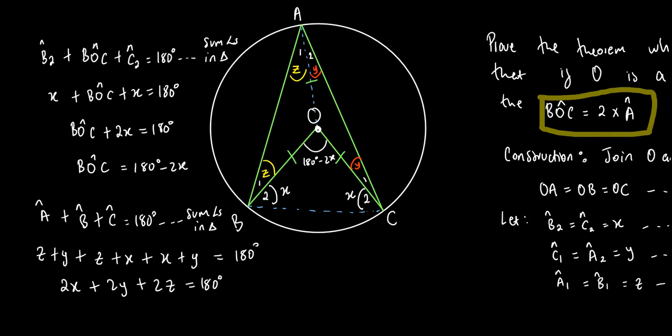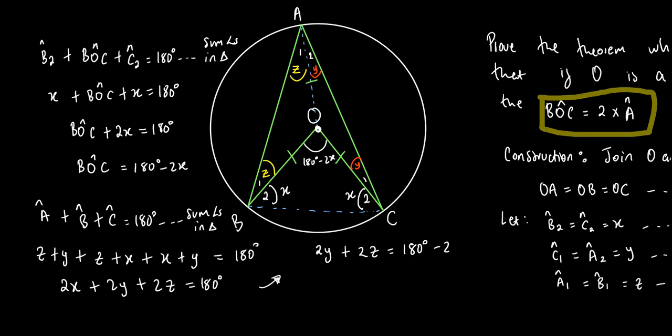Right. So now, at the top, we have 180 minus 2x. And here is 2x here. Can we not take it to the left? We can, right? So, yes, we say 2y plus 2z is equal to 180 minus 2x.